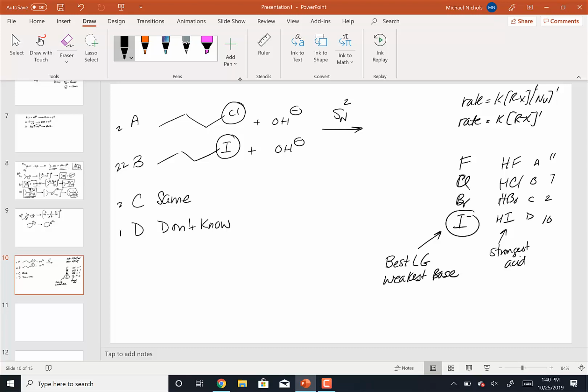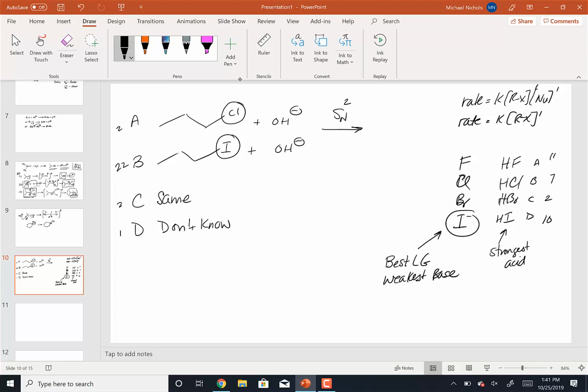Now, where does polarizability fit into this? Because when I asked the question this morning, I heard the same thing, polarizability. So what was polarizability? Polarizability came into play when we talked about what makes the strongest nucleophile.